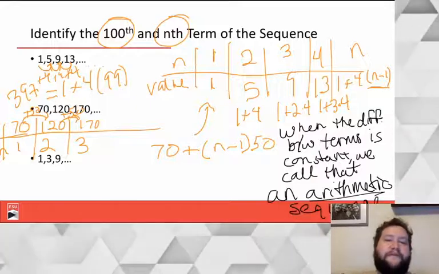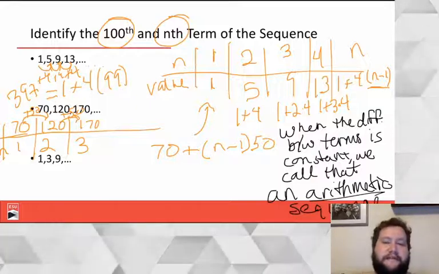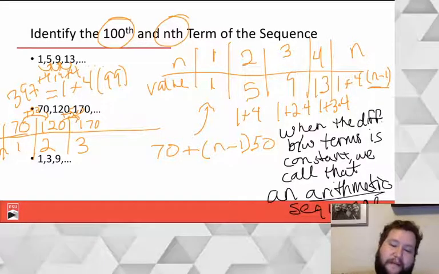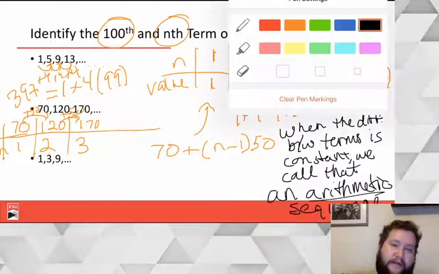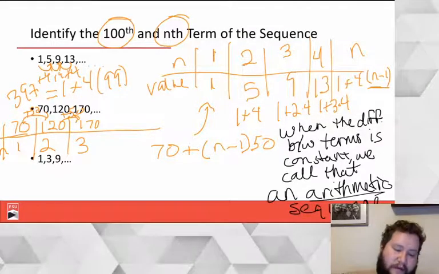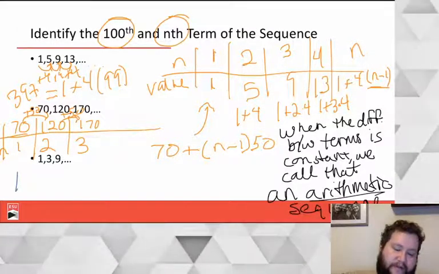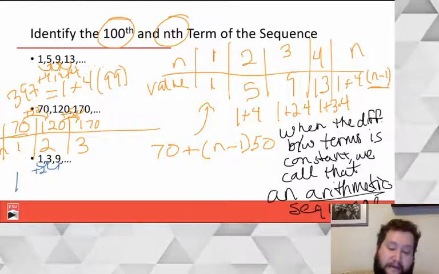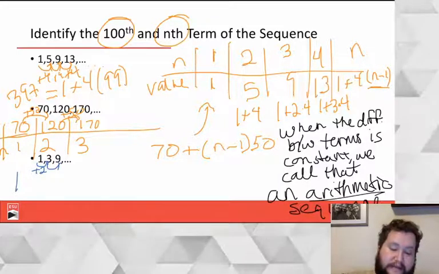And now I'm giving you this definition for an arithmetic sequence because that is in contrast to what happens in number 3 here. Here we have 1 to 3. We could try add 2, but 3 to 9 is not adding 2. That's adding 6.